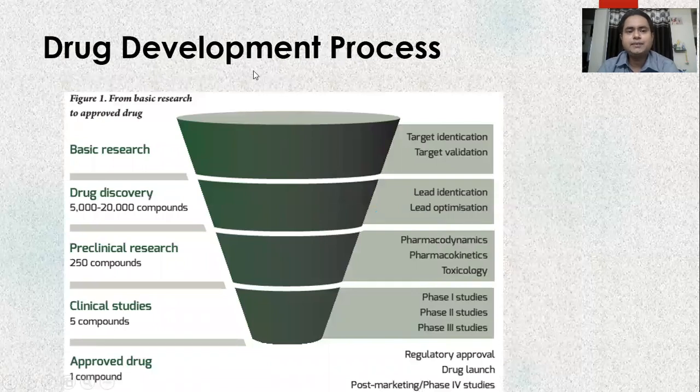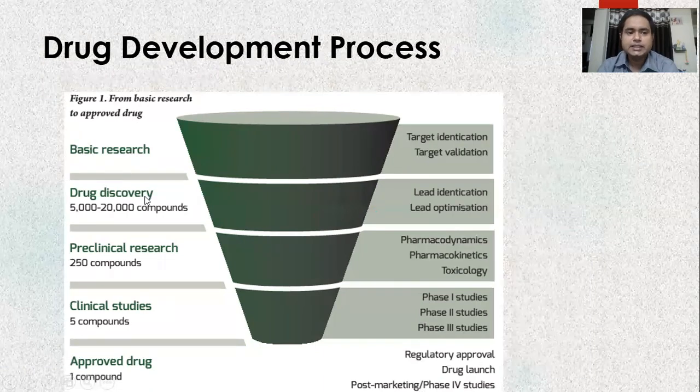In the drug development process, this figure illustrates a basic research approach to the approved drug. The basic research can be done using target identification as well as target validation.